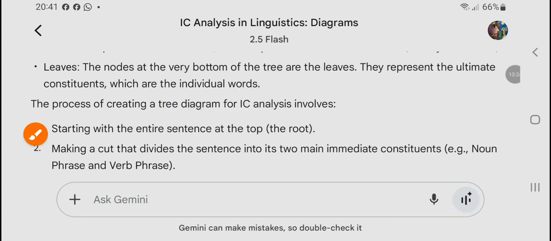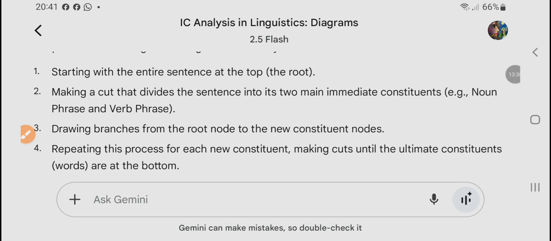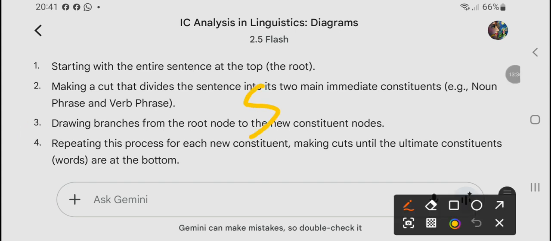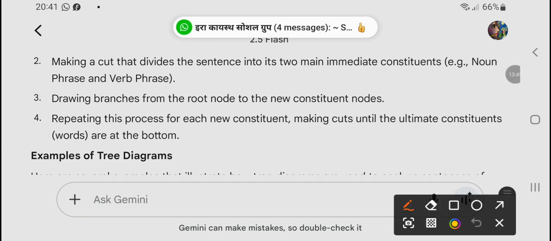Right? Now, what is the process? The process of creating a tree diagram for IC analysis involves first starting with the entire sentence at the top, the root. So this is the top, this is the root. Second, making a cut that divides the sentence into two main immediate constituents, noun phrase and verb phrase. Very important, noun phrase and verb phrase.